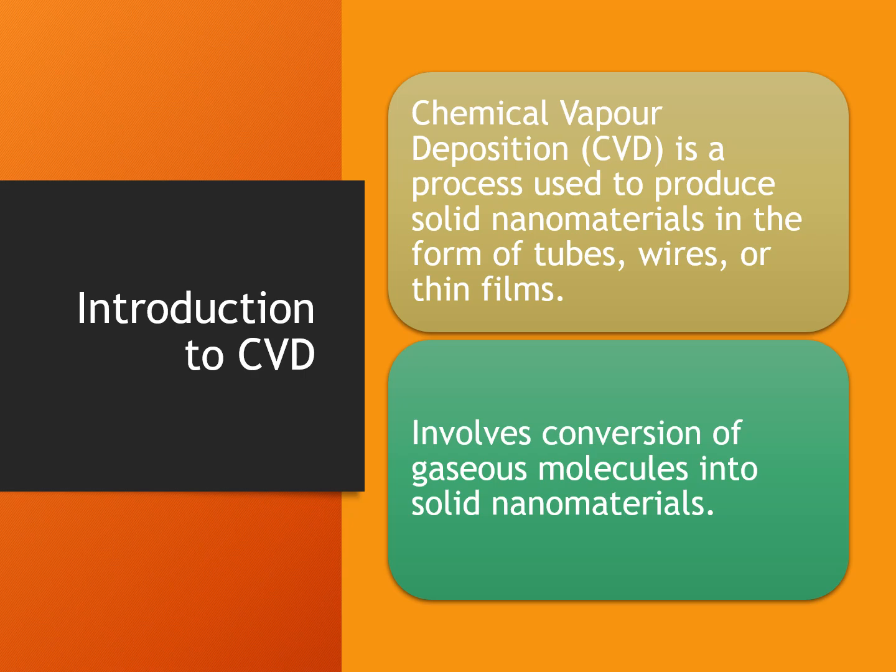Chemical vapor deposition is the process used to produce solid nanomaterials in the form of tubes, wires, and thin films. It involves the conversion of gaseous molecule into solid nanomaterial.